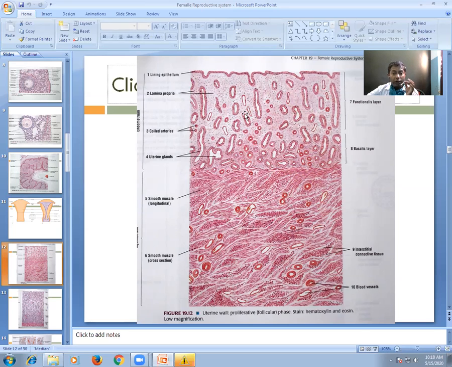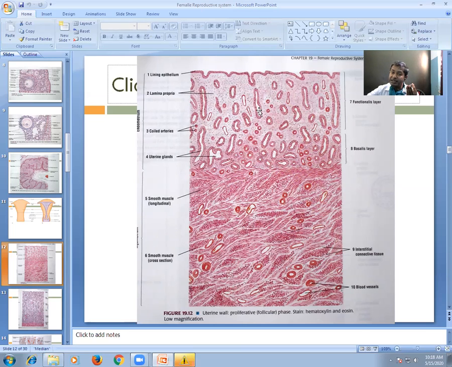So what is the structure of the endometrium? The lining epithelium is simple columnar epithelium. Below that, you will get the lamina propria. In the lamina propria, you will get the uterine glands, and the shape of the uterine glands is straight or coiled. Which uterine glands are found in the secretory phase?